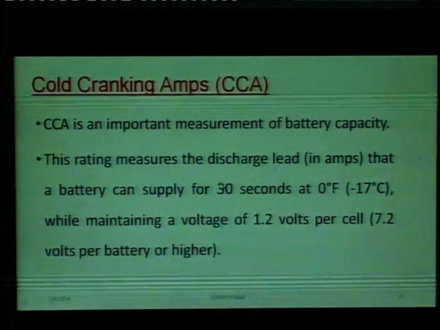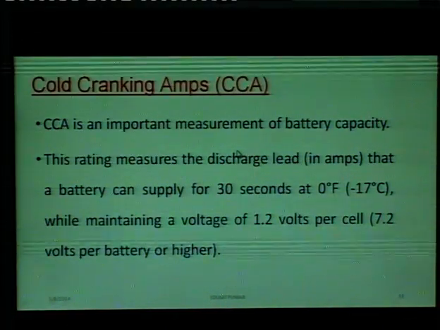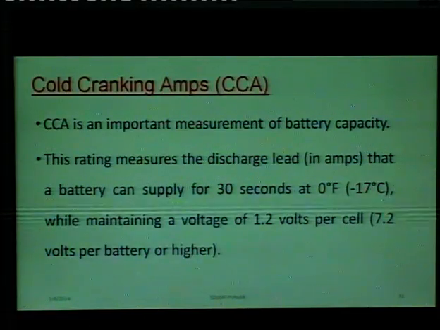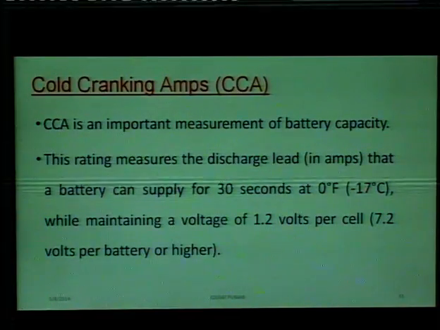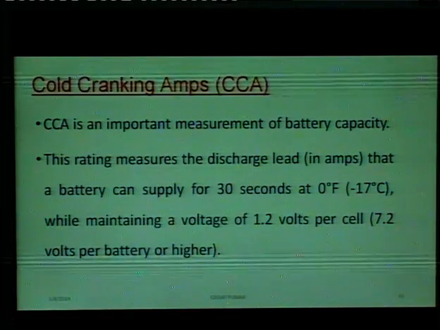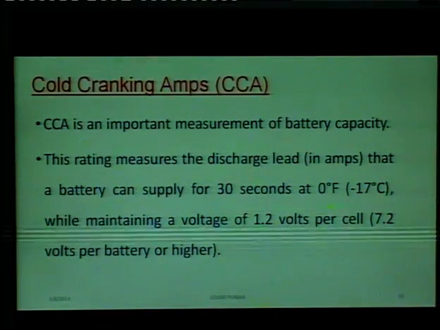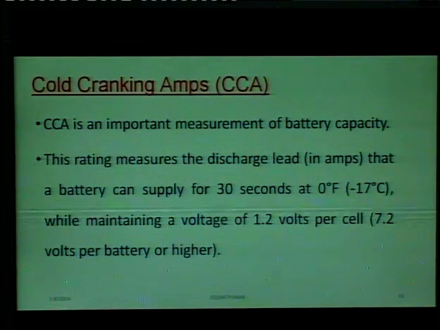So what is cold cranking amperes? CCA is an important measurement of battery capacity. This rating means the battery can supply the stated amperes for 30 seconds continuously at 0 degrees Fahrenheit, which is minus 17 degrees centigrade, while maintaining a voltage of 1.2 volt per cell.